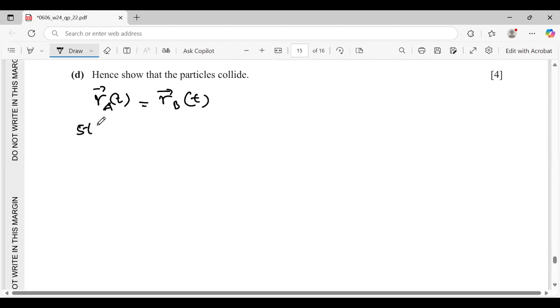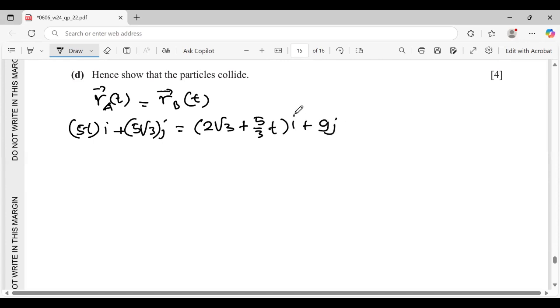So 5t i plus 5 square root 3 j equals (2 square root 3 plus 5/3 t) i plus 9j. Now we're going to find t. How to find t? Equating the components. So I would like to equate 5t equals 2 square root 3 plus 5/3 t.